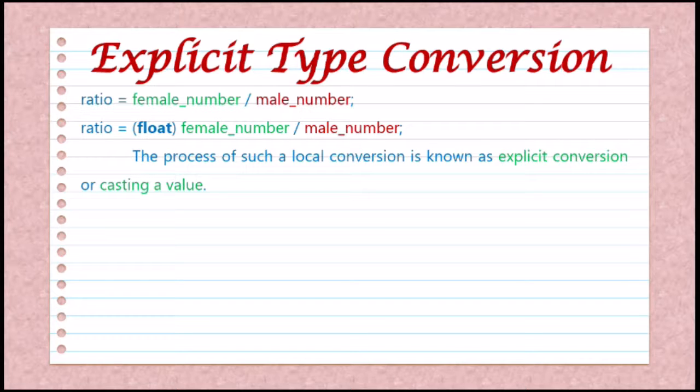The syntax for this is, in brackets, type name and then expression. Here type name is one of the standard C data types. The expression may be a constant, variable, or an expression.